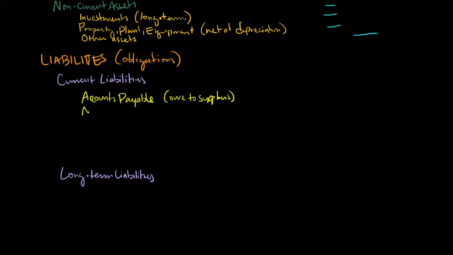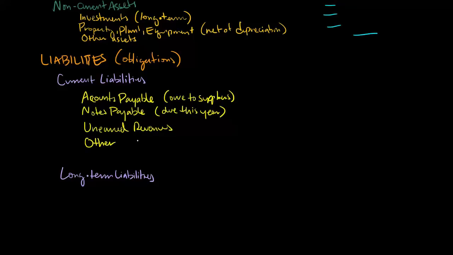We would also have current portions of notes payable. So these would be extended loans that we have contractual agreements for that are due this year or in the current period. We have our unearned revenue, and other accrued payables that we haven't included before. So these would be things like interest payable, insurance, and so forth, where we've used up some expense but we haven't paid for those at this point.